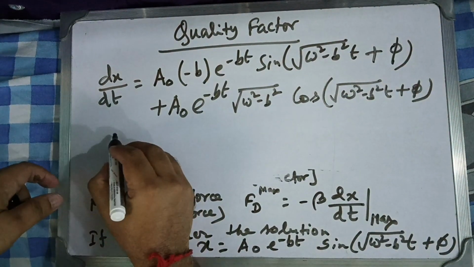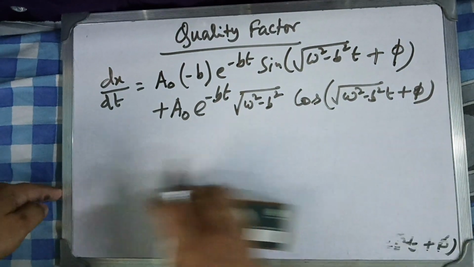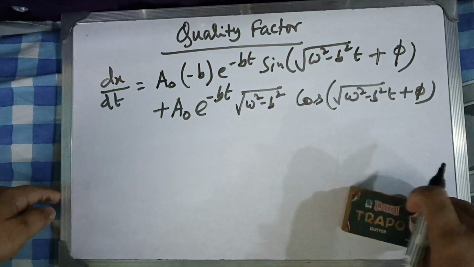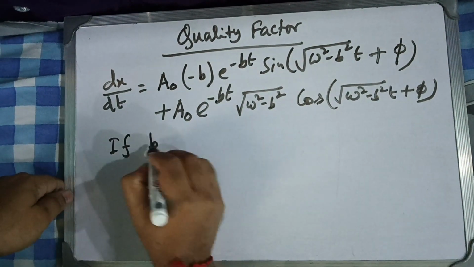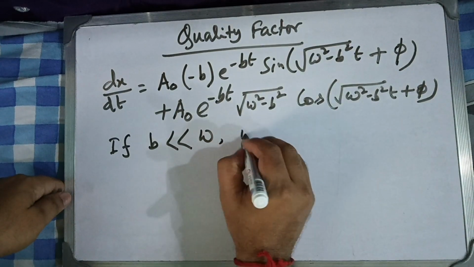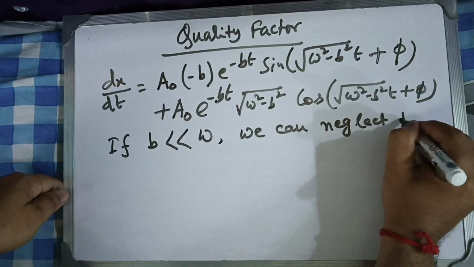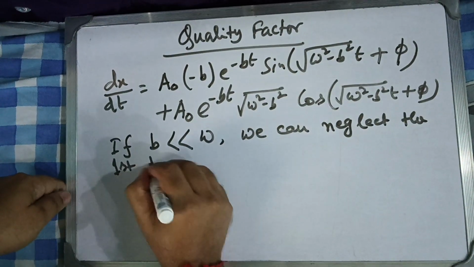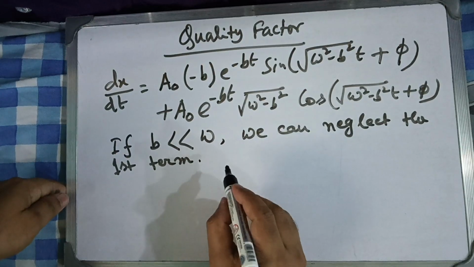Now you can see the form of dx dt. Now for the underdamped case, we know that b is less than omega, so here we consider b very much less than omega. So the first term we can neglect, because there is a b term, right? So only the second term survives here.